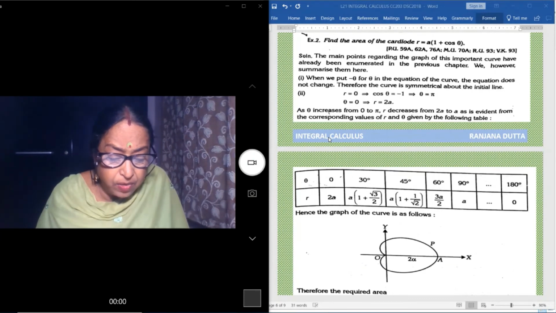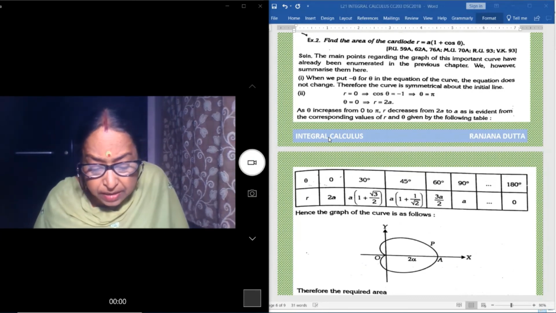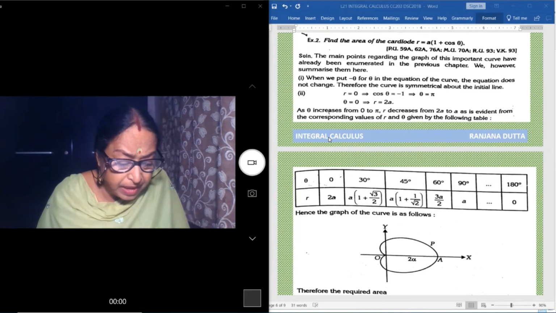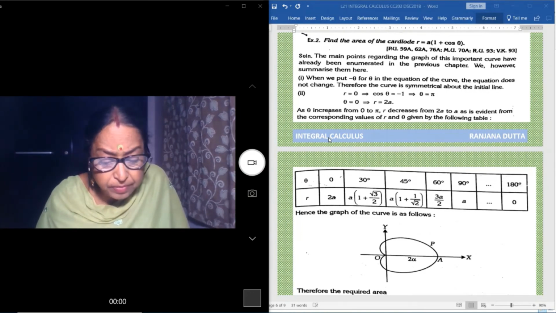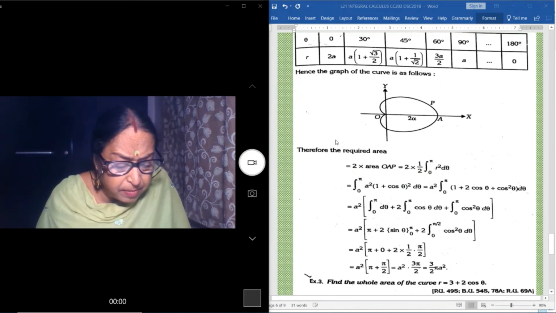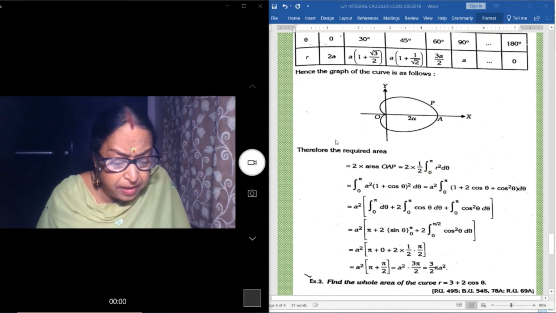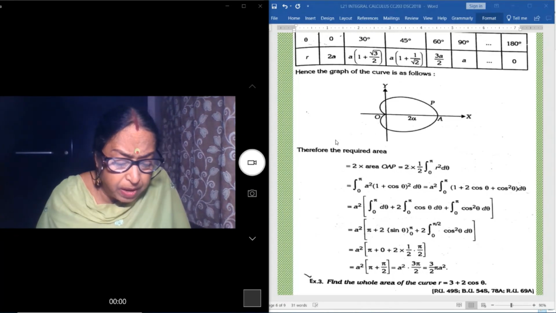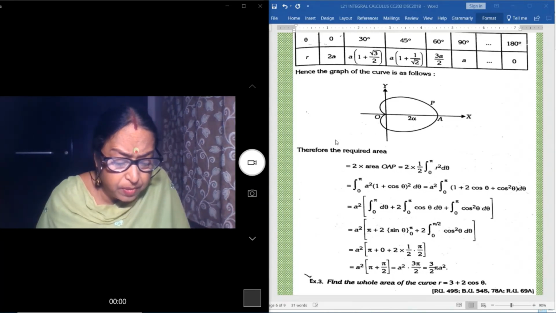Now at theta equal to 0, r is 2a, that is at the point A. When theta is 30 degree, at somewhere like P, its value is (1 plus root 3 by 2) into a.